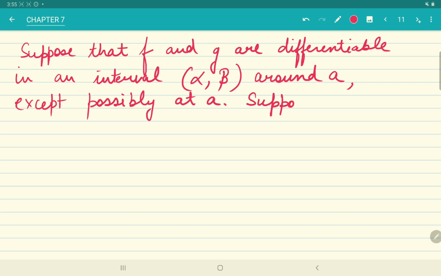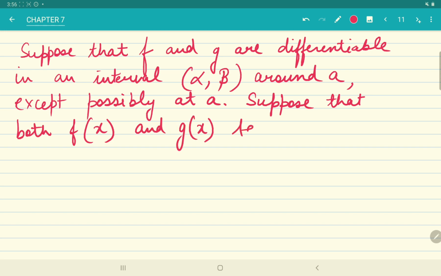Suppose that both f of x and g of x tend to zero as x tends to a. This is another point.